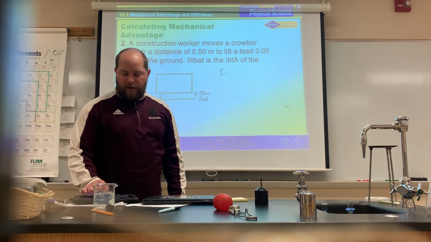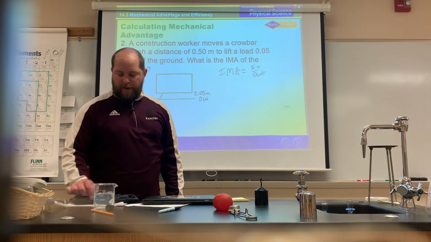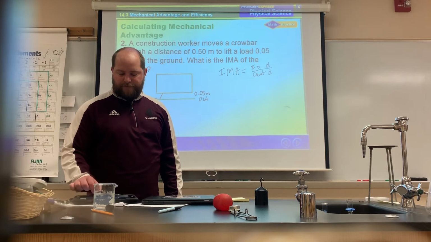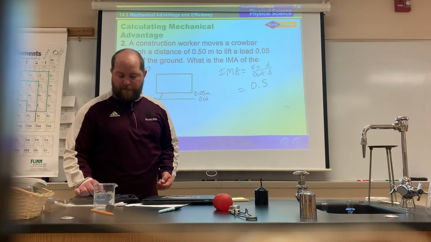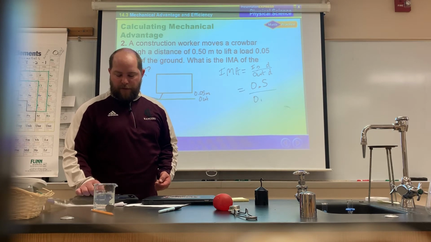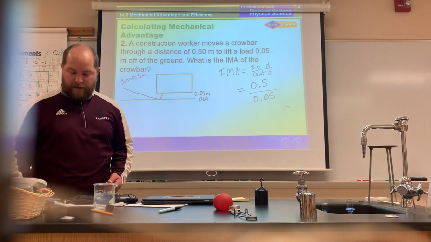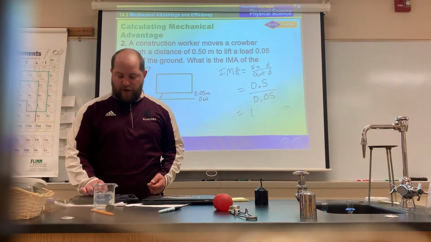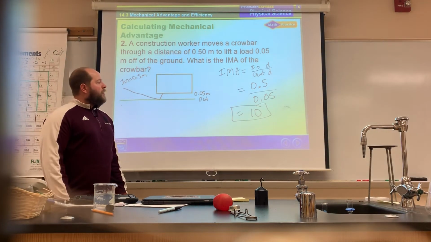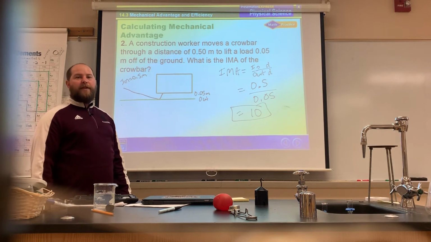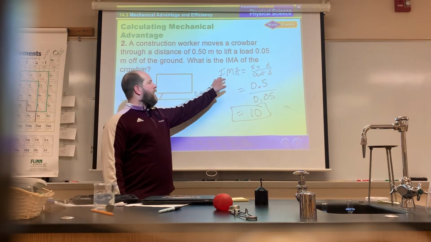All right, so IMA is input over output, and I should say distance. The input, we put in 0.5. The output, we put in 0.05. So we can calculate the ideal mechanical advantage of the crowbar, and I get 10. So this crowbar gives us quite a bit of mechanical advantage. It gives us 10. Now again, that's the IMA.